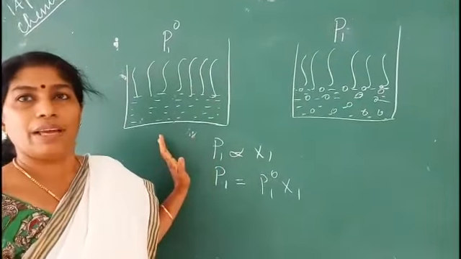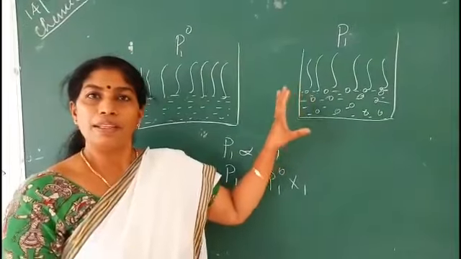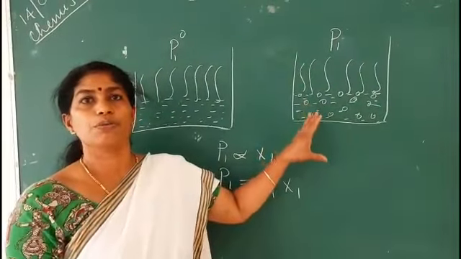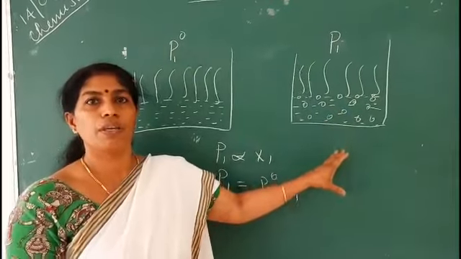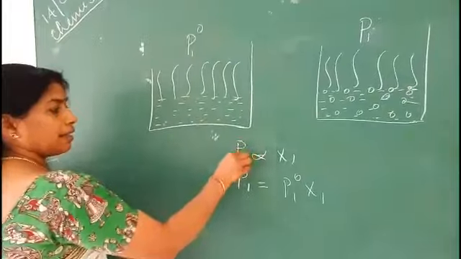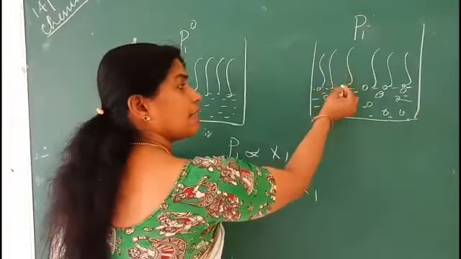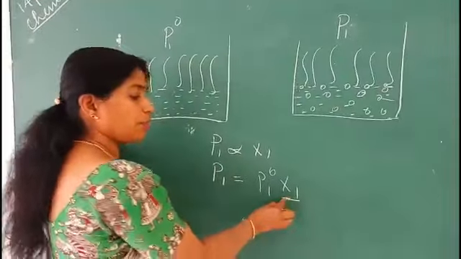In a general way we can define Raoult's law as: for any solution, the partial vapor pressure of the solution is directly proportional to the mole fraction of the solvent present in the solution. So the vapor pressure depends purely on the mole fraction of the liquid.